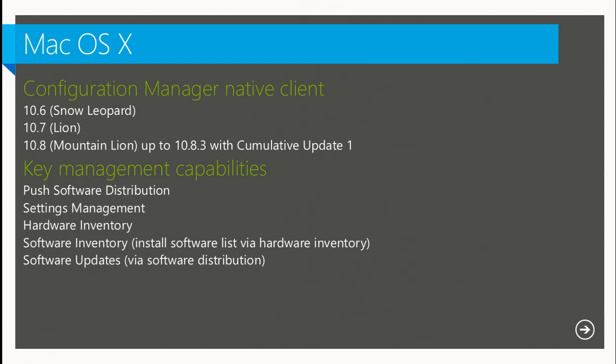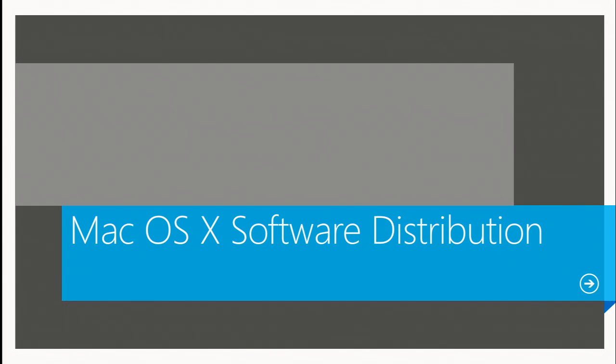The key capabilities are very similar to what we have. So software distribution, settings, hardware inventory, and so on. They are somewhat limited compared to what we have for Windows platforms, but the core functionality is all there. I want to show you the admin experience for creating a Mac deployment type.